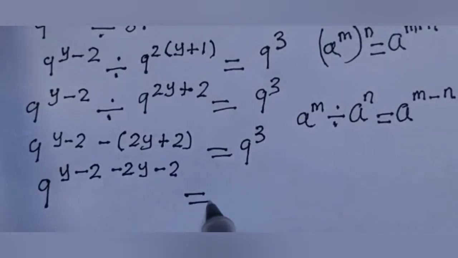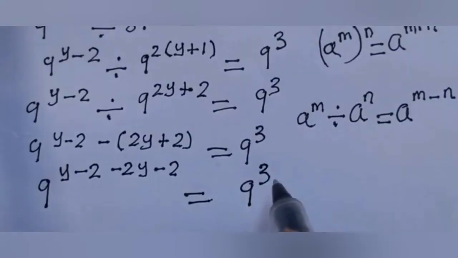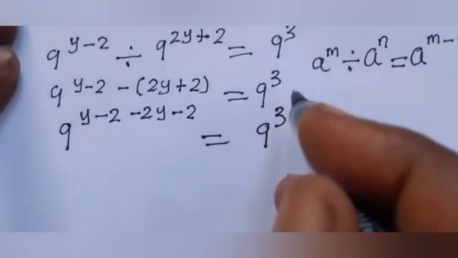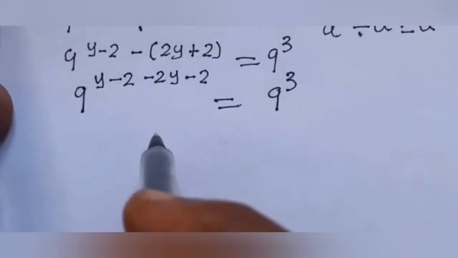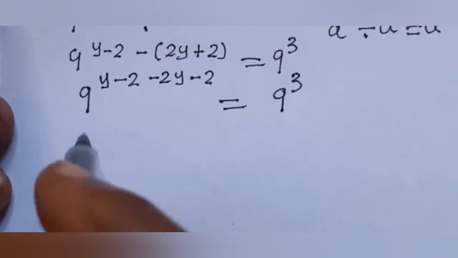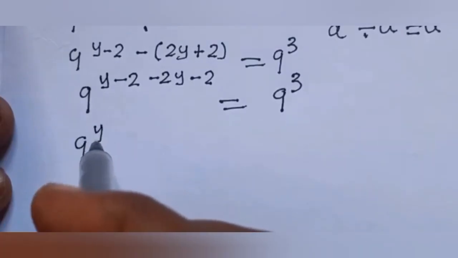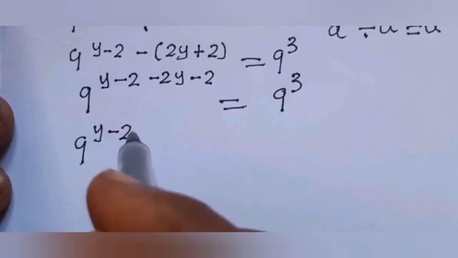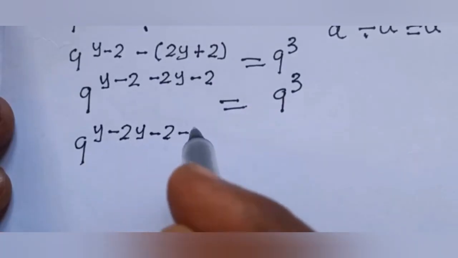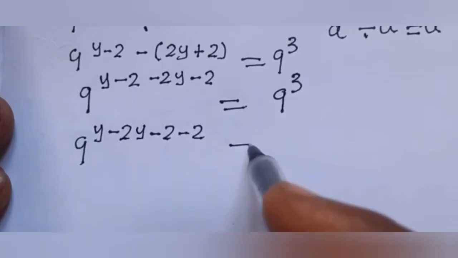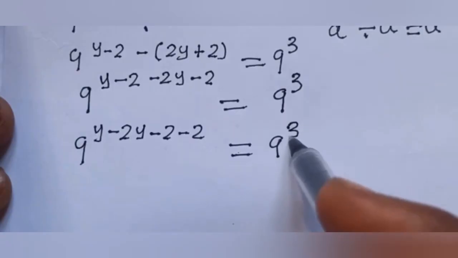This is equal to 9 raised to power 3. Collect like terms. We have 9 raised to power y minus 2y minus 2 minus 2. This is equal to 9 raised to power 3.